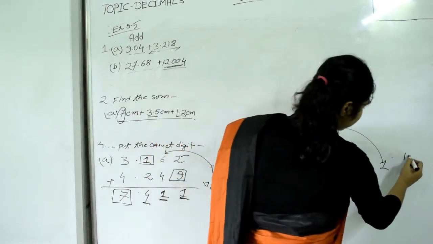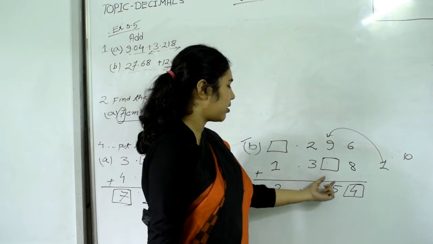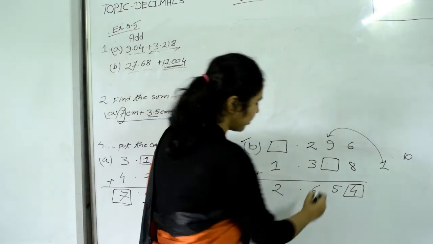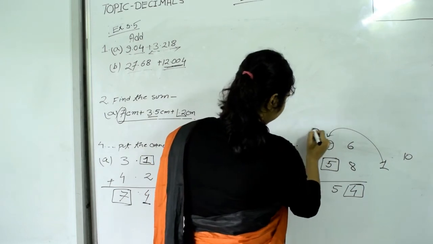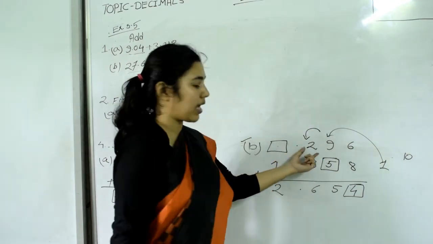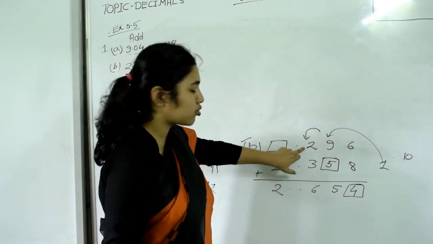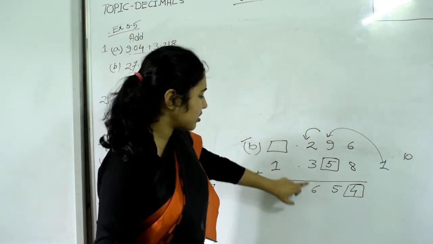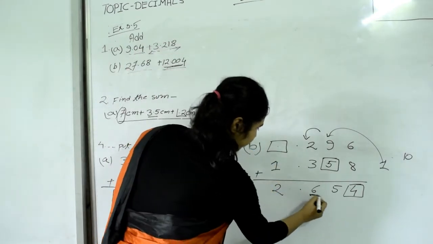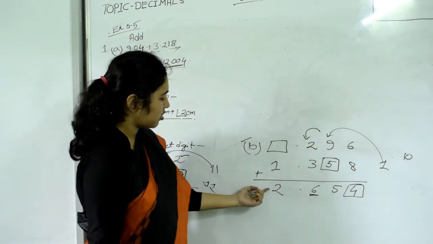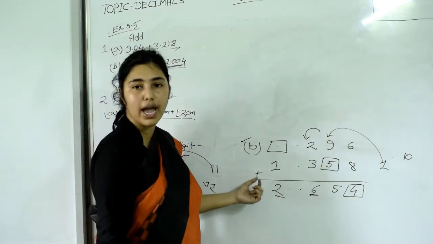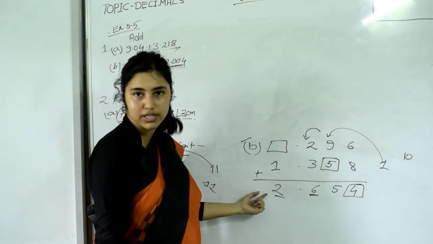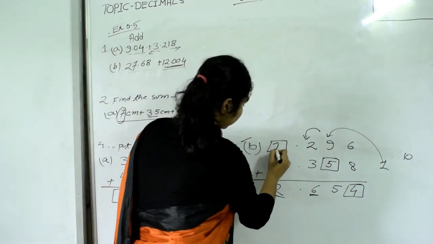It will give us 10. Now 10 plus 5 is 15, right? So write here 5. Again take 1 here and add with 2. So 2 plus 1, 3. 3 plus 3, 6. Next 1. Here we have 2, right? So if we add 1 with 1, it will give us 2. So write here 1.